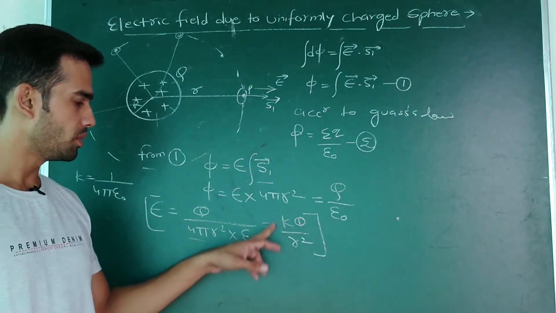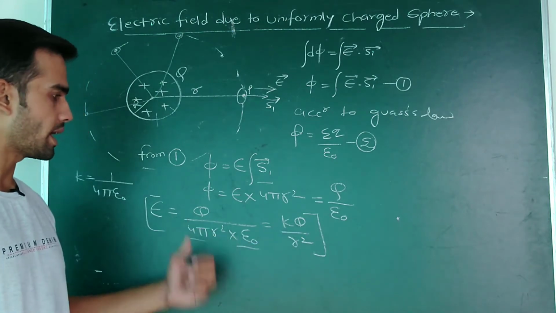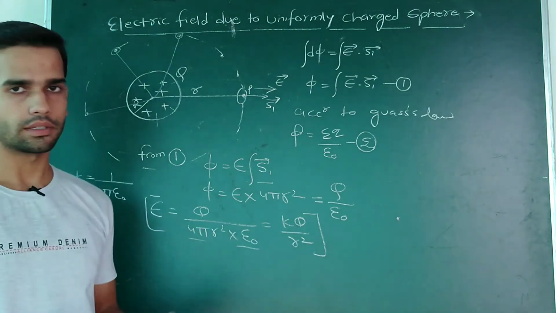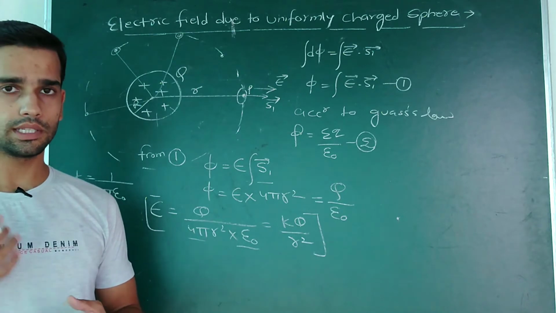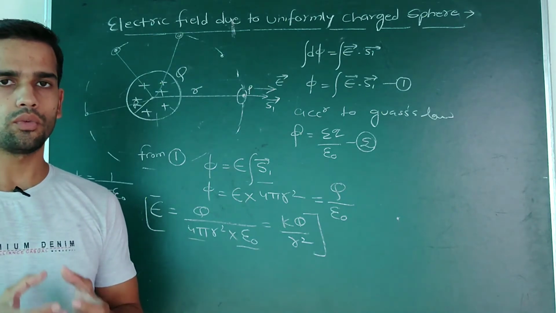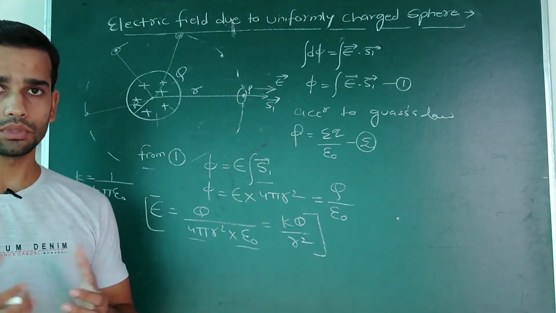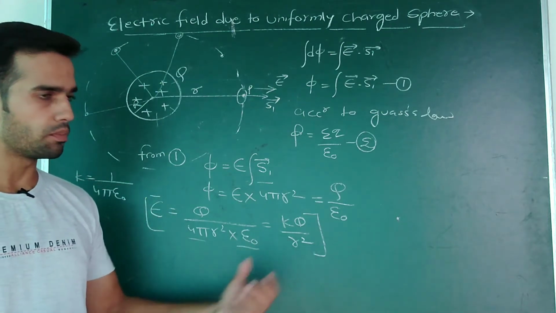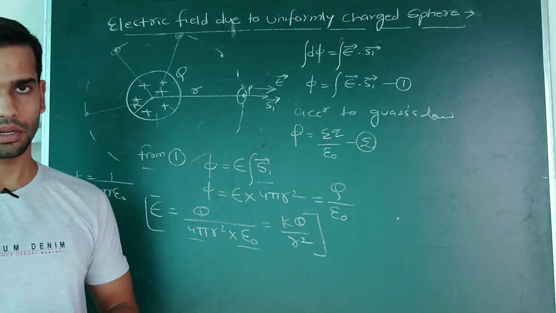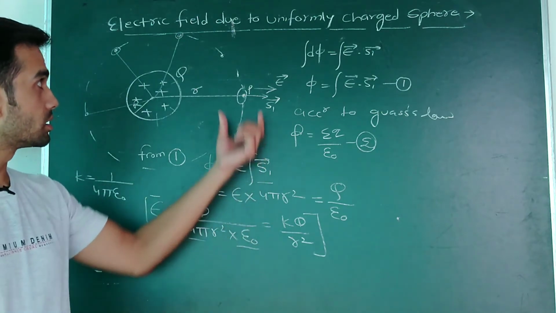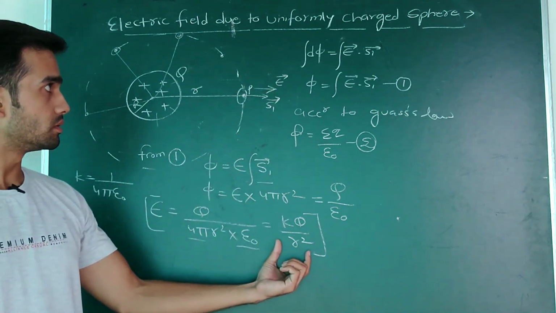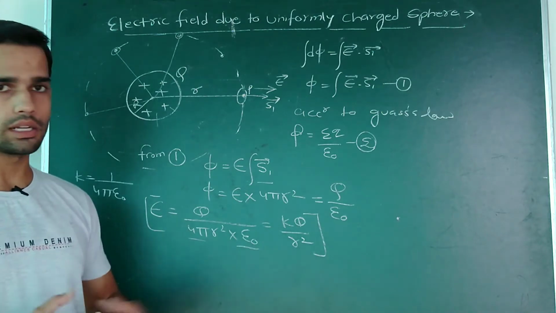So the formula KQ upon r square for the electric field is just similar to the answer of the electric field due to a point charge. In the previous chapter we have seen that the electric field due to a point charge is KQ upon r square, and in this particular derivation, the result is also similar.